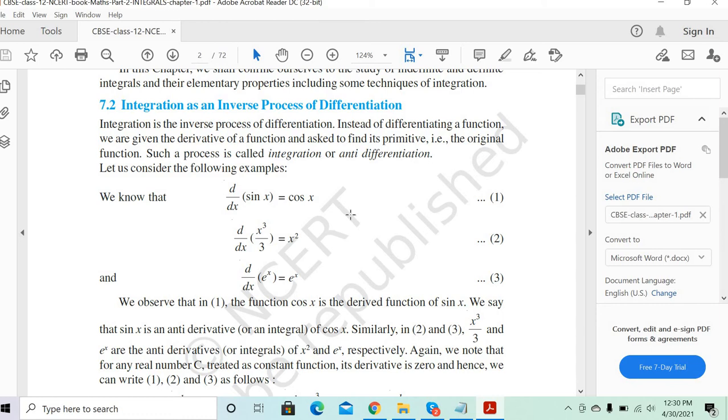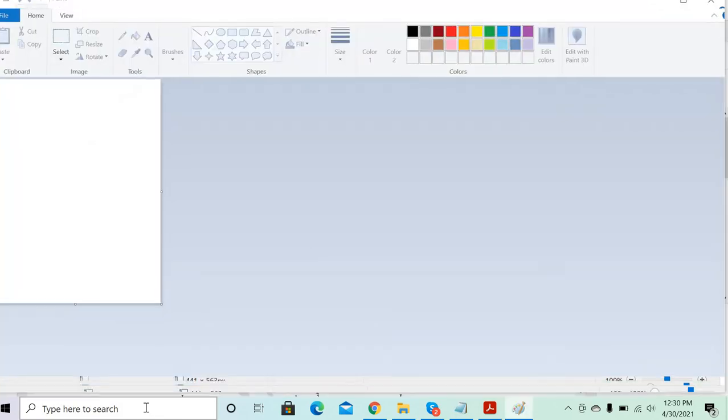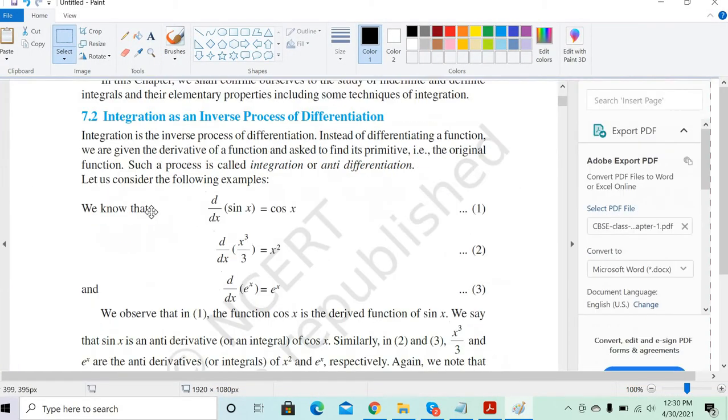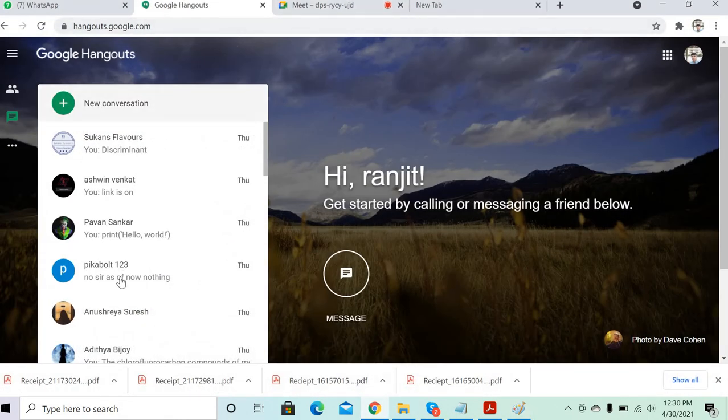Now write down the differentiation of sin x. d by dx of sin x is what? Cos x. D by dx of sin x is nothing but cos x, isn't it?